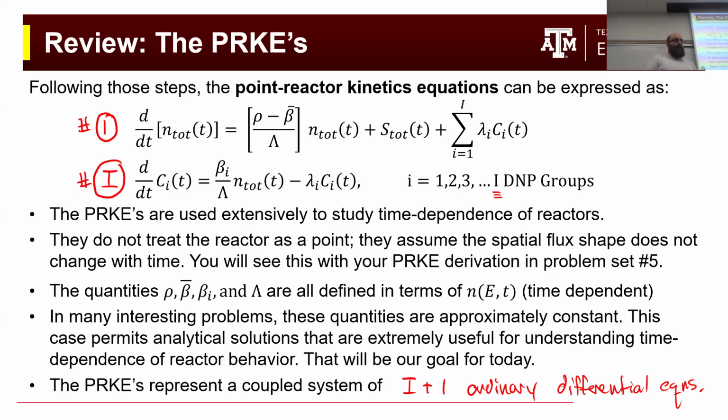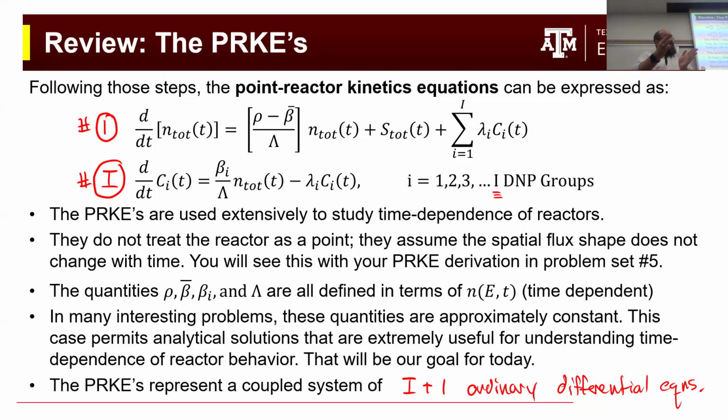In practice, the way that it works is that it's only valid for the early stage of the transient. We'll talk about this later, but we have different time scales over which we talk about these things. The point reactor kinetics equations are most accurate for the very short term time scale, because over the short term, we can assume that the flux shape doesn't vary with time very much.